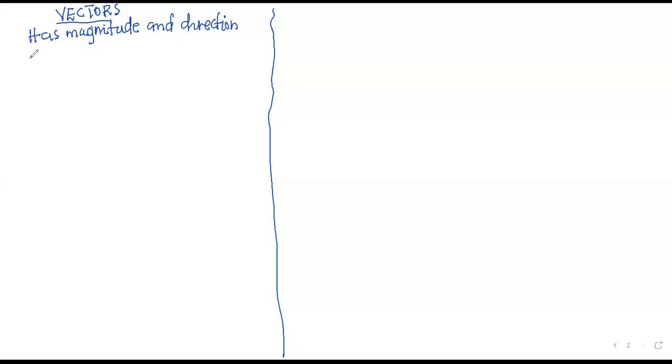Let's discuss examples of quantities that are vector in nature. Acceleration is one. Give me about 8 or 10 examples of quantities with magnitude and direction.